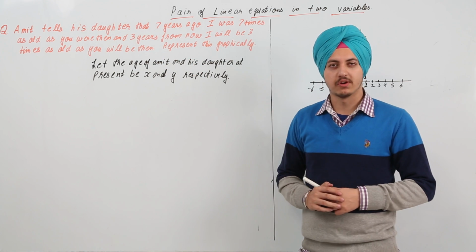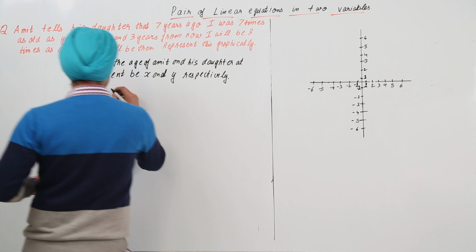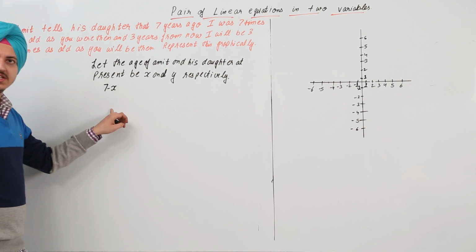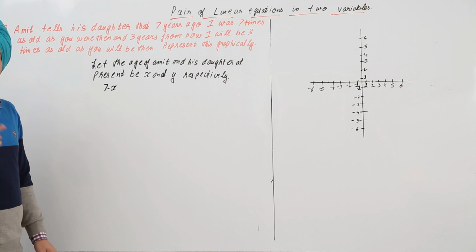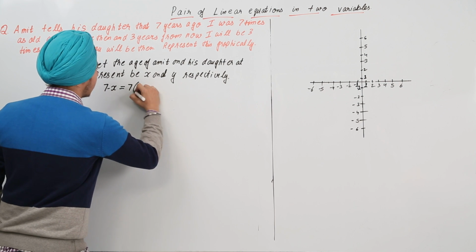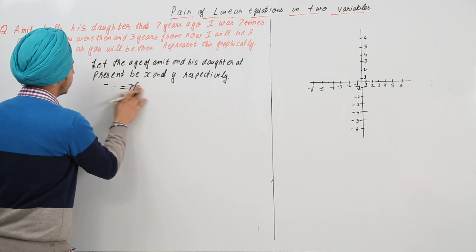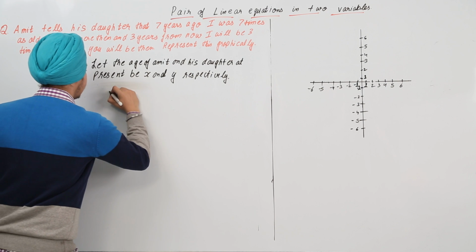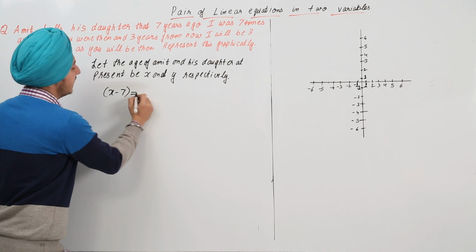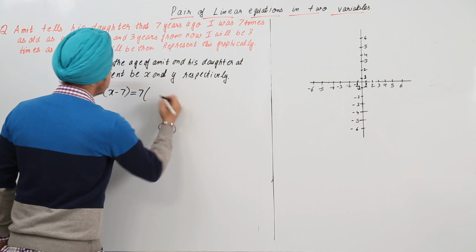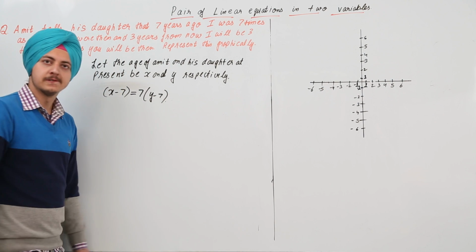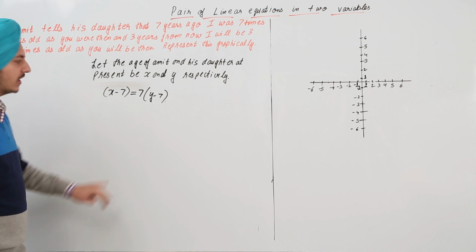So X minus 7 is his age at that time, which is equal to 7 times his daughter's age, which is Y minus 7. Correct? This is the equation that you get.